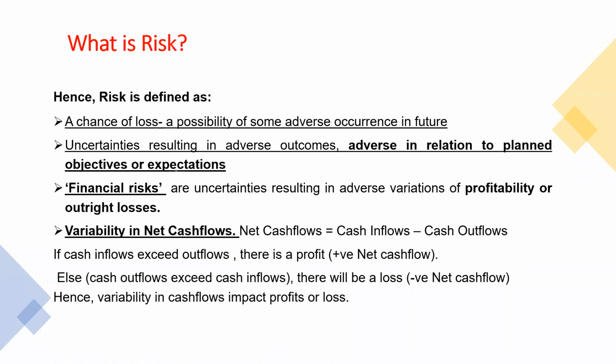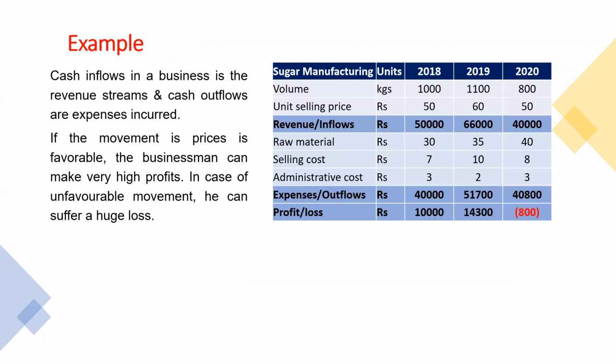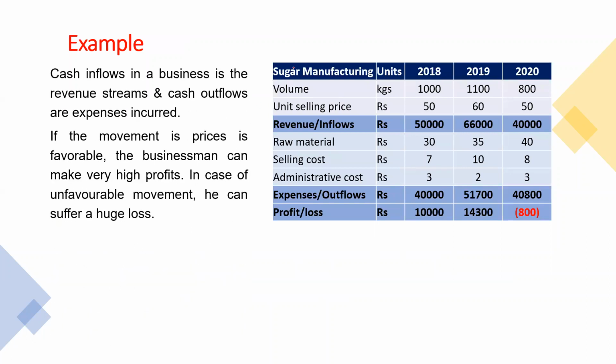let's now understand with an example how this variability in risk looks like. So let's say, for example, we have a sugar manufacturing unit, or we can also take it as any trader, any manufacturing unit. So we have on one side the inflows, on the other side we have the outflows. When we talk about inflows, we're talking about the revenues.